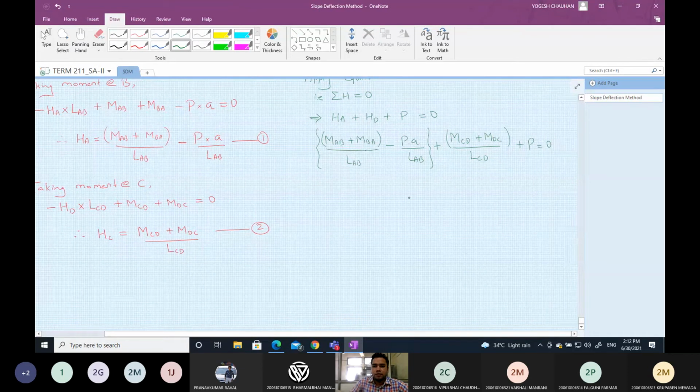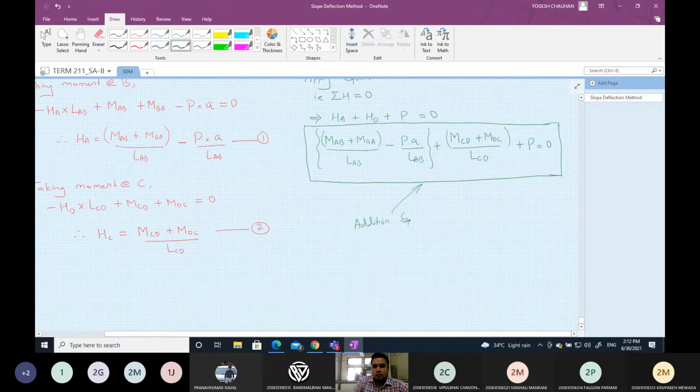So this is the additional equilibrium condition for sway frame case 3.